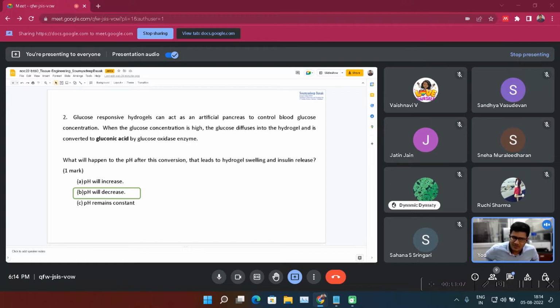Now, this part of the question says that the pH decrease has an effect on hydrogel swelling and insulin release. What do you think would be the mechanism for this? How is this pH decrease helping hydrogel swelling and insulin release? Just think about a hydrogel block. You have a block of hydrogel, and the pH of the system is decreasing somehow.